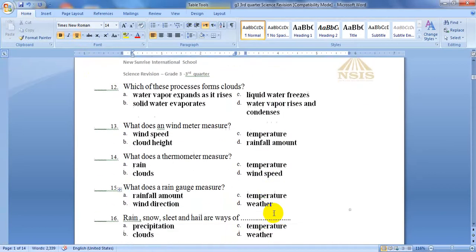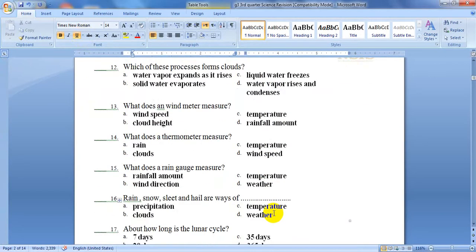Now let's move to page number 2, which starts with question number 12. Which of these processes forms clouds? As we studied in the water cycle, the clouds are formed up in the sky when the water vapor, which is a gas, hits the cool air up and it condenses or changes back to be drops of water.